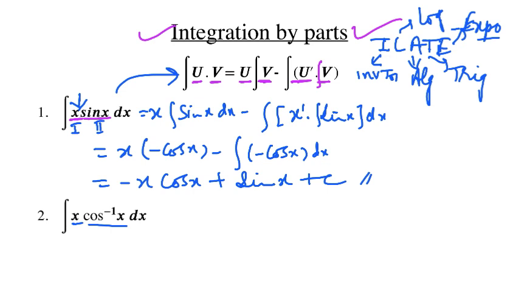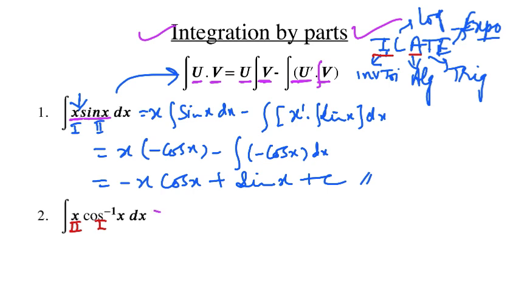Now cos inverse of x is not trigonometric but an inverse trigonometric function, and we can see in our acronym that the inverse trigonometric function comes first and then comes the algebraic function later, meaning that this cos inverse x we will take as the first function and this x we will take as the second function, and then we will proceed.